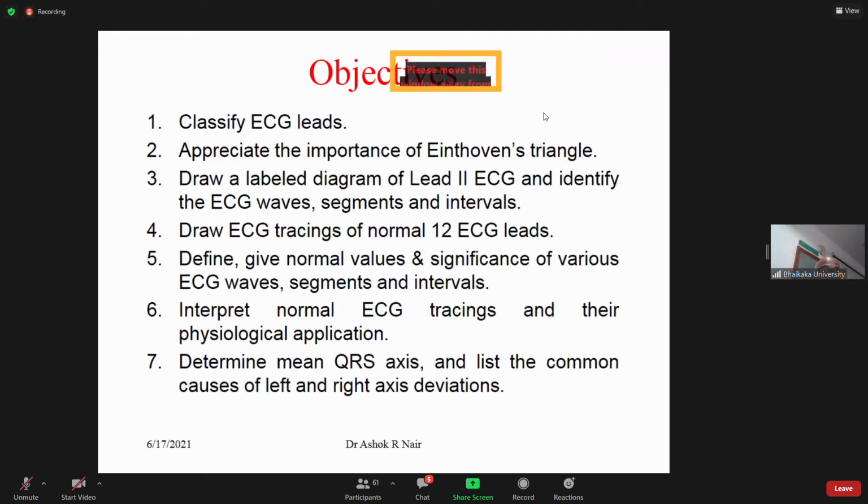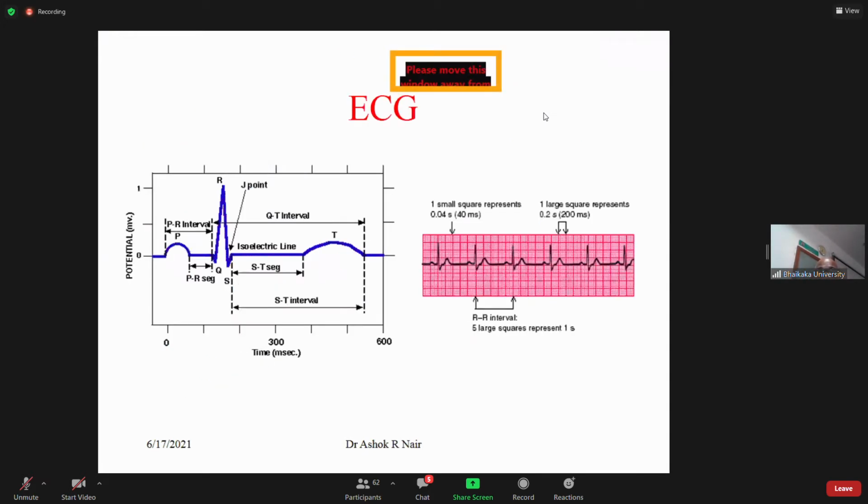Last class, we had seen each of the waves. Their recording consists of waves, durations, segments. Each wave has a duration and voltage also.